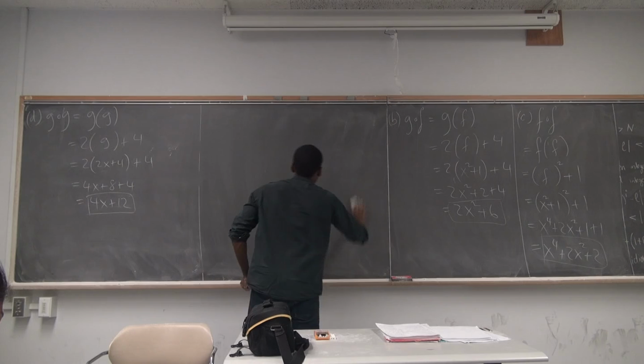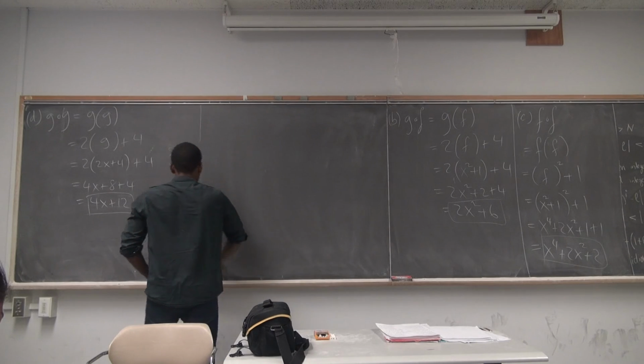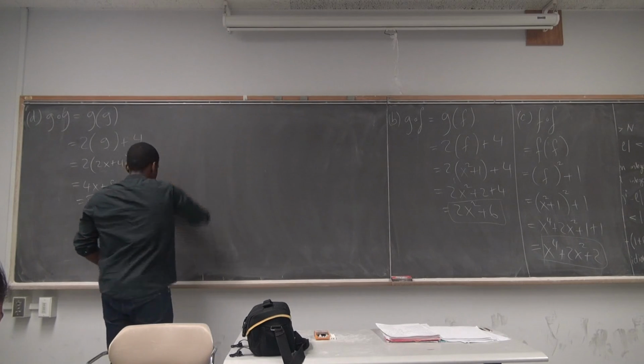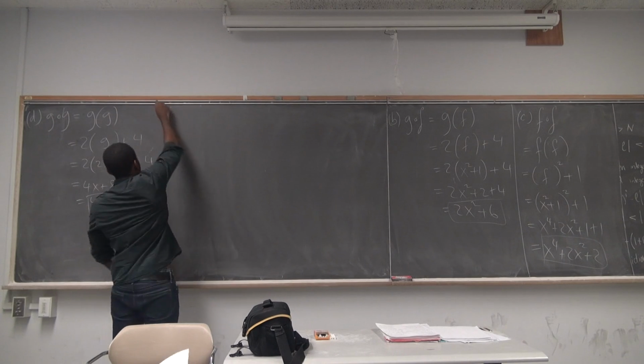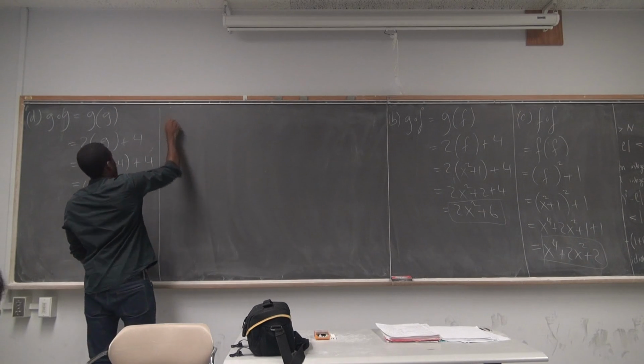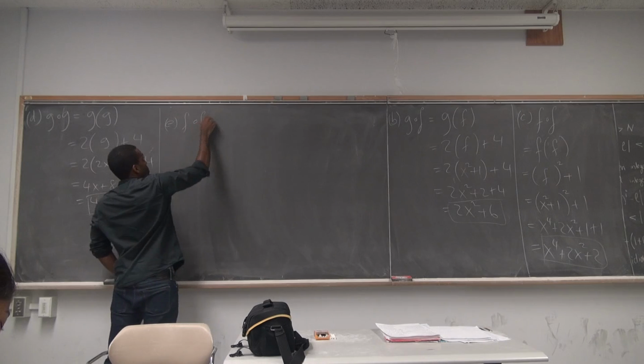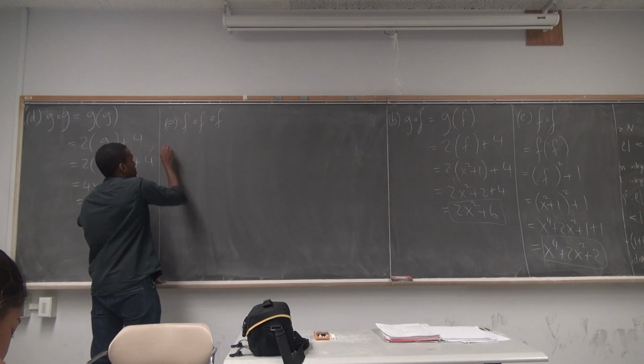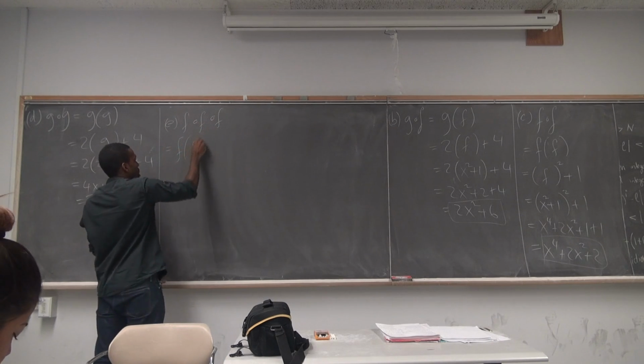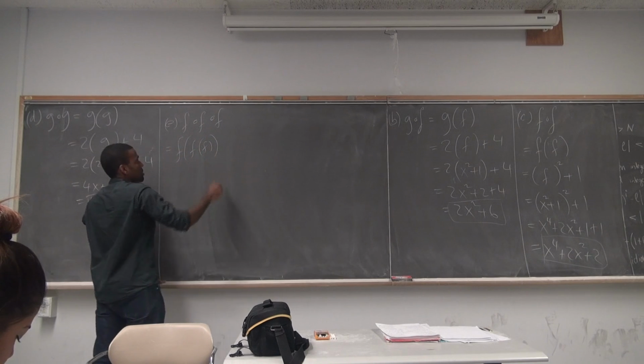Like I said, compositions can actually go on for a while once it's useful. So in this last example, we do 3 of them. F of f of f. So you just take f, you plug in f, you plug it in f.